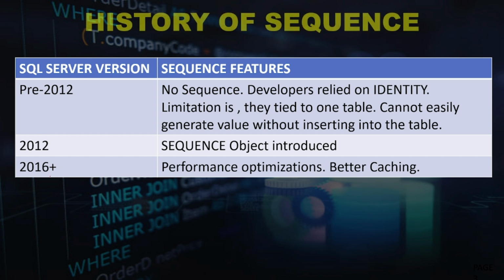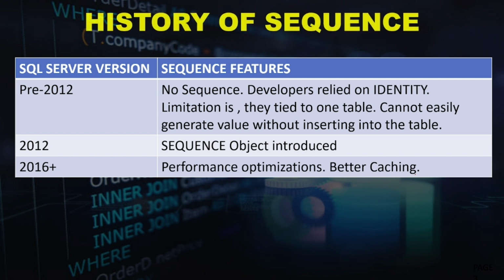There is another enhancement in SQL Server 2016 onwards, that there have been performance optimization and a better caching mechanism. If you say cache, this is basically a different concept I'm going to explain to you. Basically, while creating a sequence, you can create a cache, so that many sequence numbers SQL Server already creates and keeps in cache.